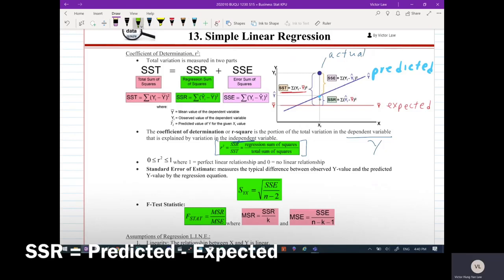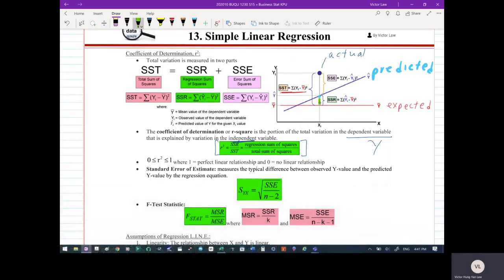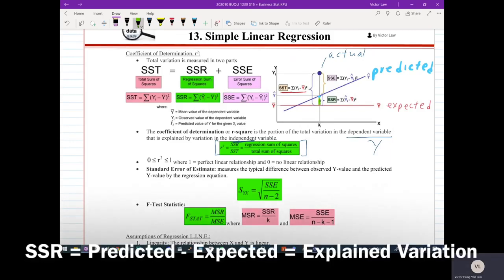So the gap between your blue line and your red line, your expected and your predicted, that gap there is your SSR. That's what we call the explained variations. So these are the variations that are explained by this model.